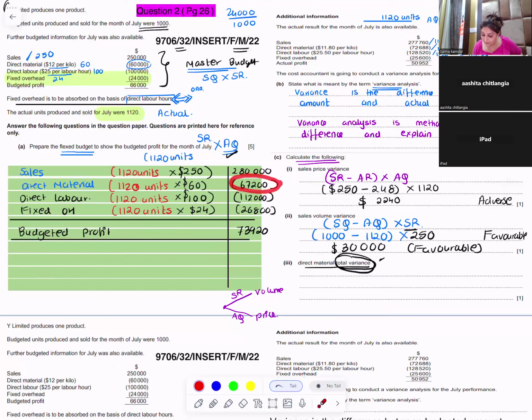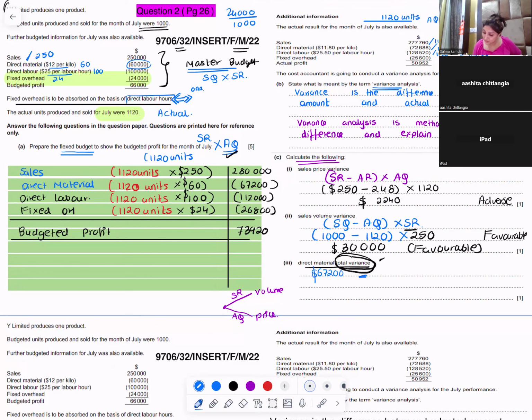Total variance I want. What was your total direct material cost as per flexed? 67,200. That means if you take your standard quantity into consideration, your cost was 67,200 for your actual quantity.